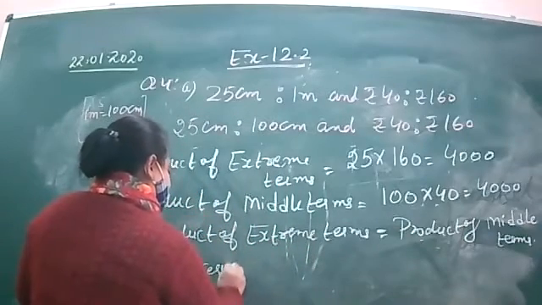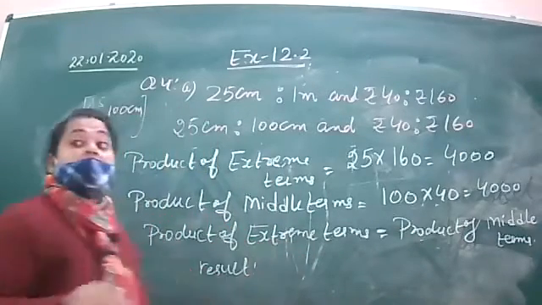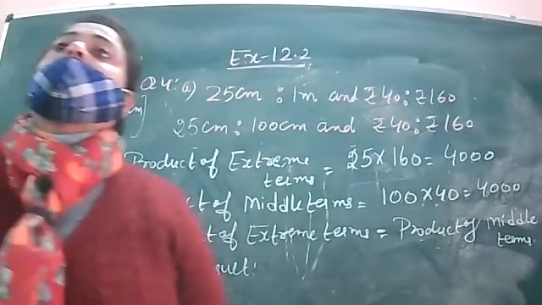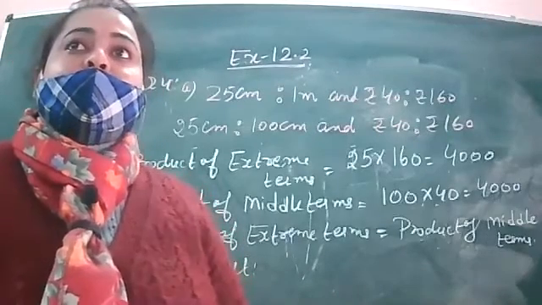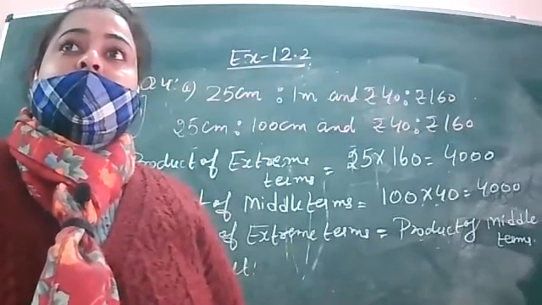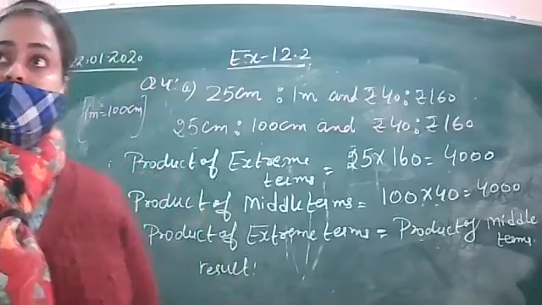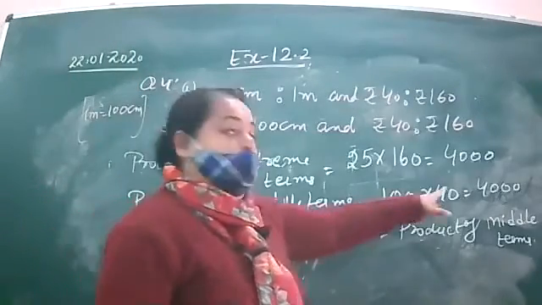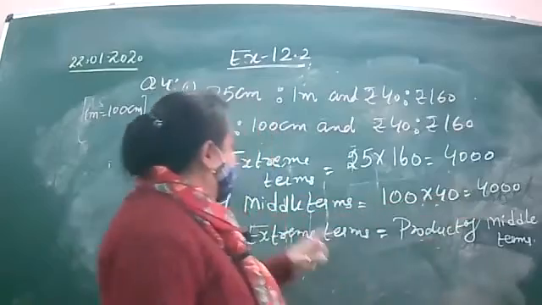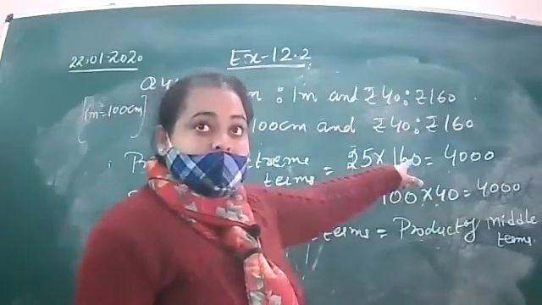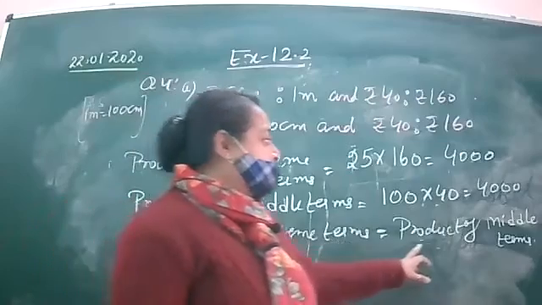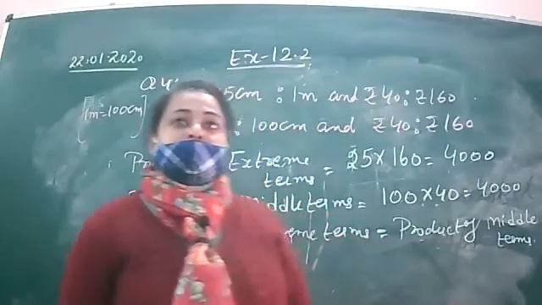So in the result, yes Jashan, what will you write? Tell me the result. Product of middle terms 4,000. Product of extreme terms 4,000. So here you will write product of extreme terms is equal to product of middle terms.